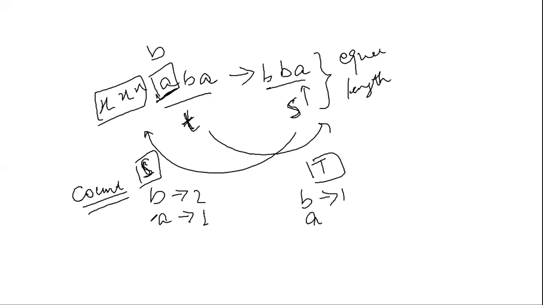So I'm doing what you guys said. This was your S, right? It had two B's, one A, and this is our T, which had one B, two A's, right?